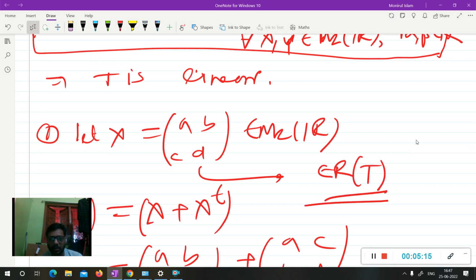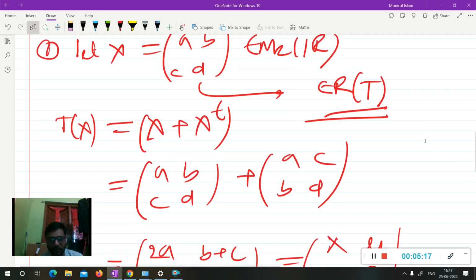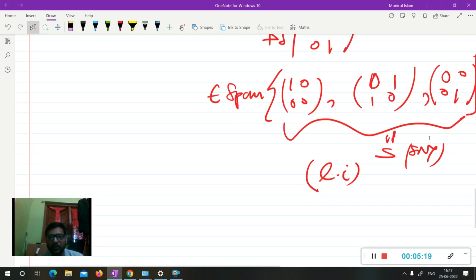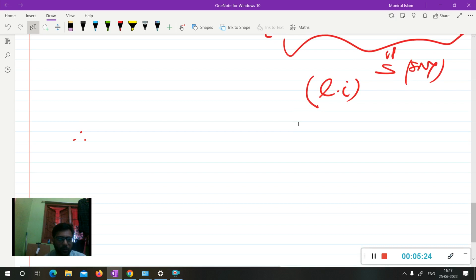So if I take an arbitrary matrix from the range space, then the matrix belongs to the span of this set.